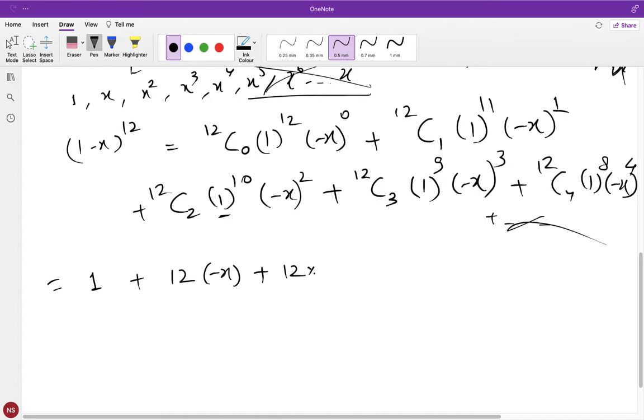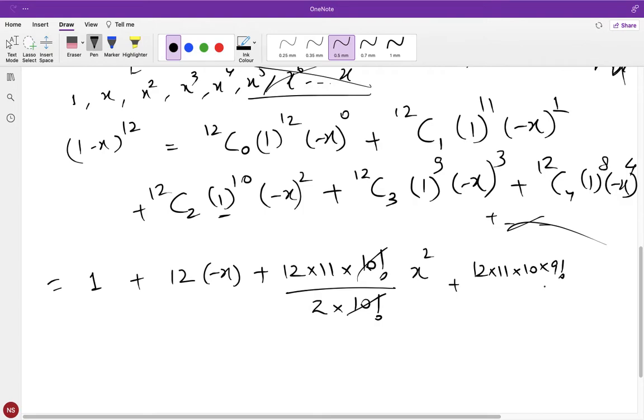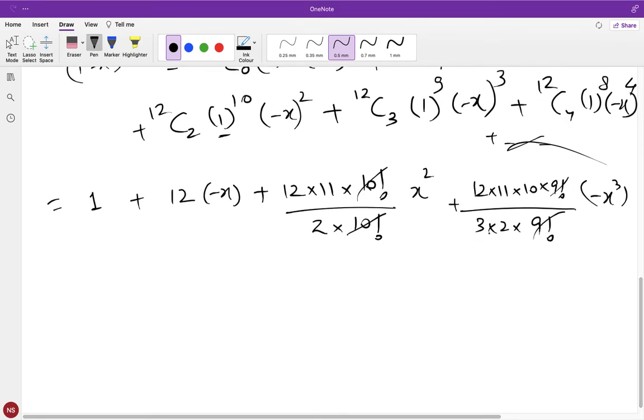12c2 is what? 12 into 11 into 10 factorial by 2 into 10 factorial, minus x square is x square. 12c3 is 12 into 11 into 10 into 9 factorial by 3 factorial, which is 3 times 2, and 9 factorial, minus x cube, right? This is done. 3, 6, 2.